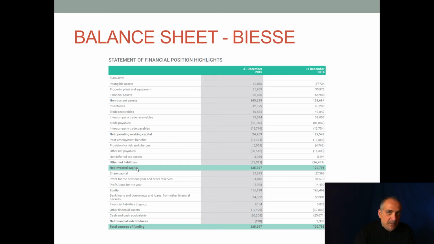Okay, this is basically total of the impieghi of a company with the total of fonti, total sources of funding. So this is interesting because here you have an Italian company that is presenting the balance sheet in an Italian way, but in English, okay? They have changed it. Still, it's interesting and it's perfectly fine.